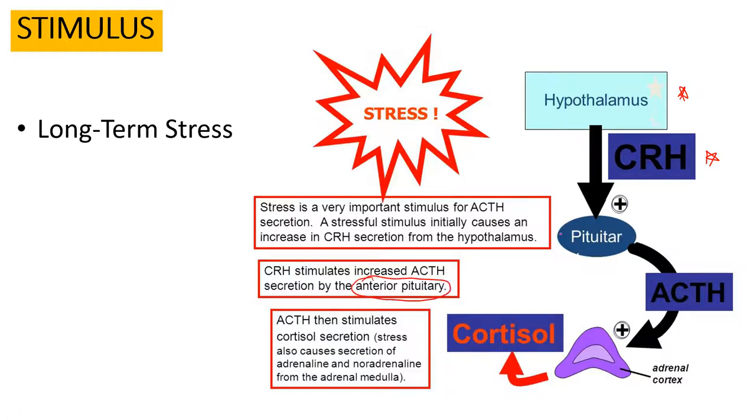I know on this diagram here it just says pituitary, but it should say anterior pituitary. That anterior pituitary, when CRH arrives, secretes ACTH, adrenocorticotropin hormone, which then targets the adrenal cortex, specifically the zona fasciculata, where cortisol is going to be secreted.